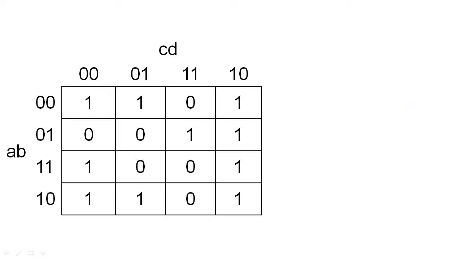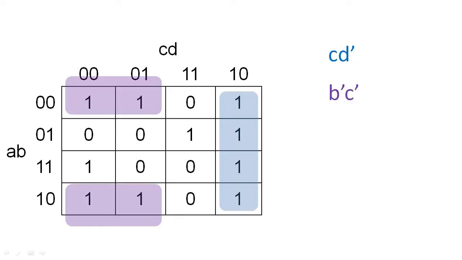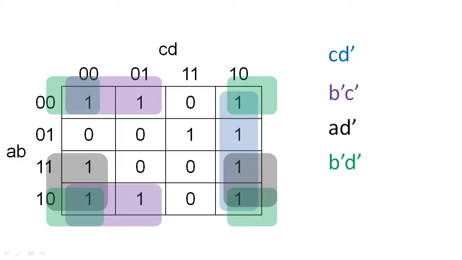Unfortunately, not all K-maps are always this simple, and there's not always a unique solution to every K-map. This K-map has 2 solutions. And first we'll identify the 5 prime implicants. Some of the cells here are covered by only one prime implicant.